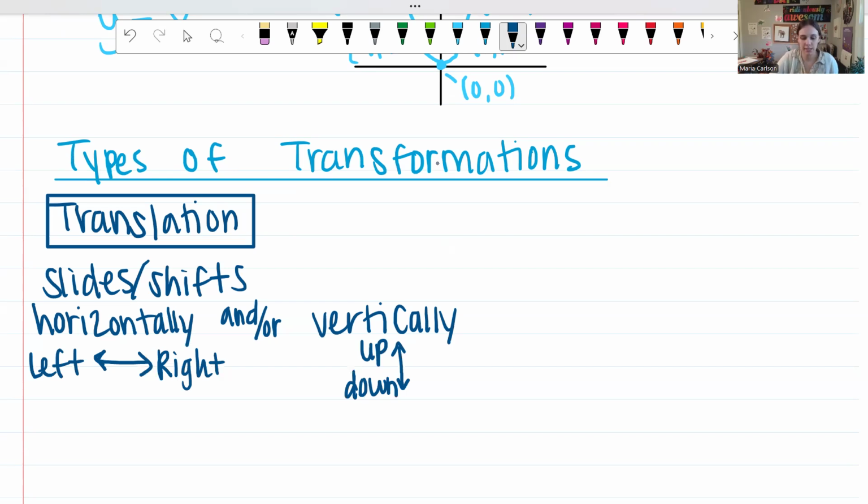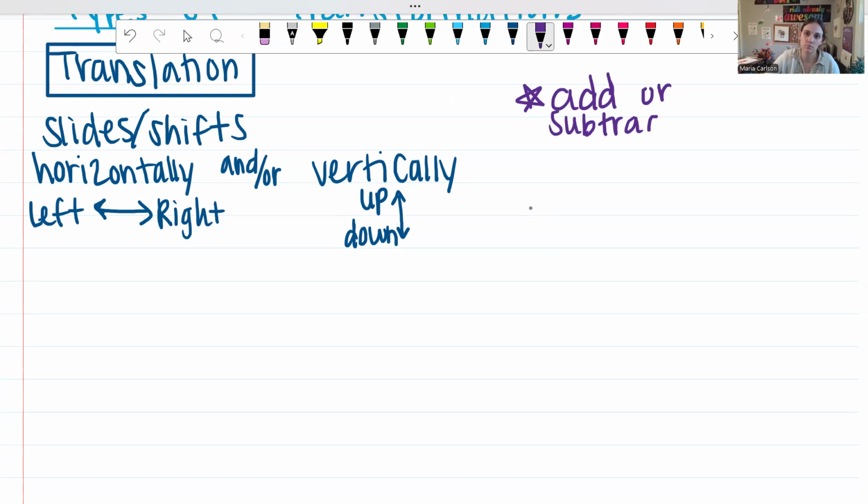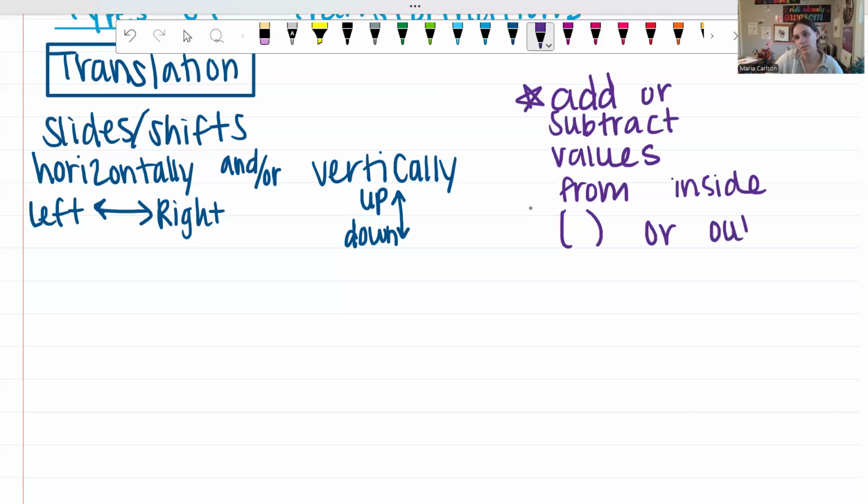And a translation, oftentimes when you are looking at that parent function, you are going to add or subtract values from inside the parentheses or outside.